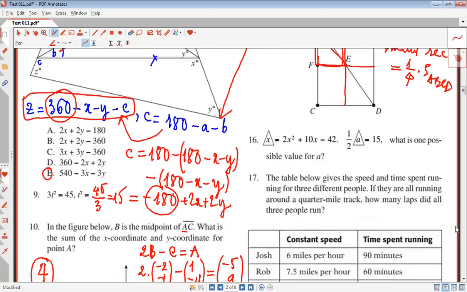Question number 16. Delta of S equals 2 times S squared plus 10 times S, subtract 42. First, from this we have delta of A equal to 30.